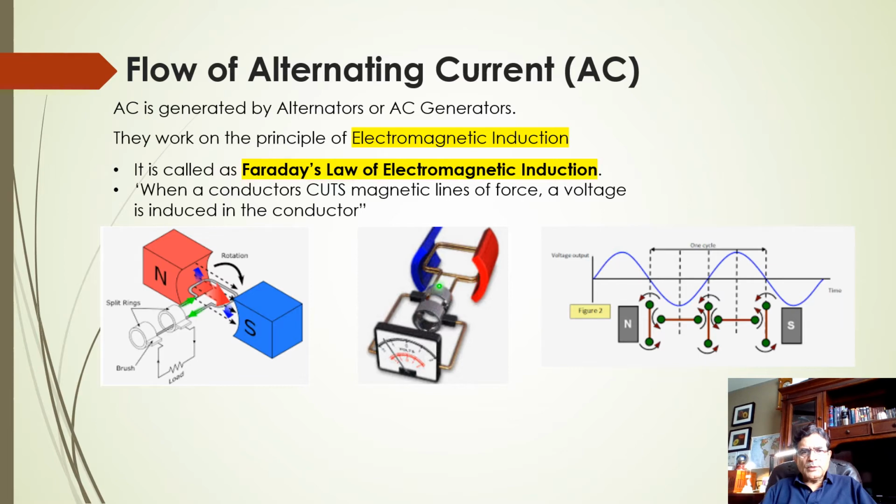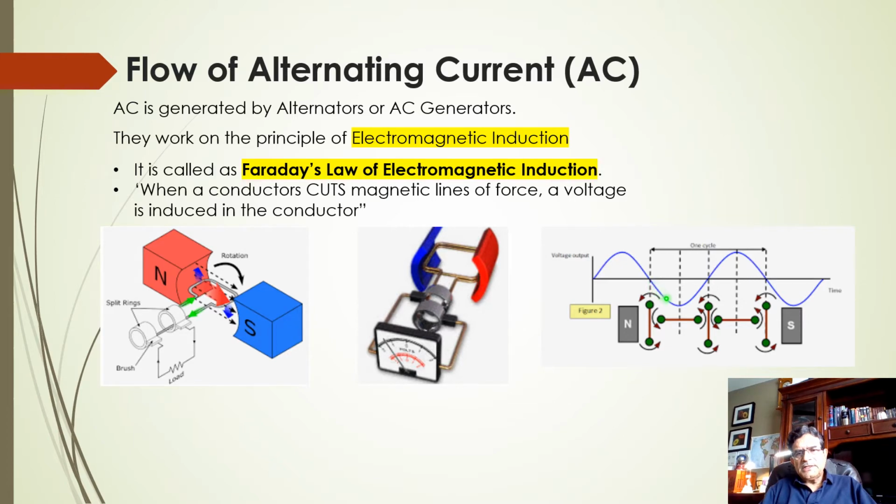Then when the coil starts coming out from the center and comes to this location, the voltage induced decreases to 0, and now the coil is moving towards the other magnet, which is the north pole. The direction of the current will change, which is this point.